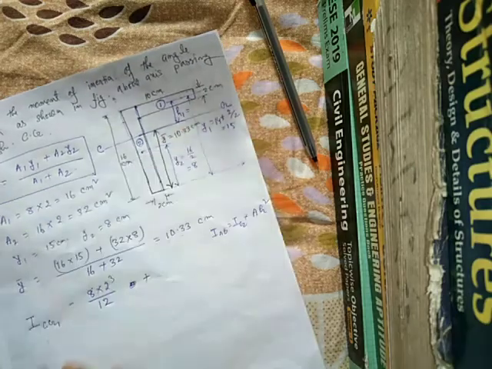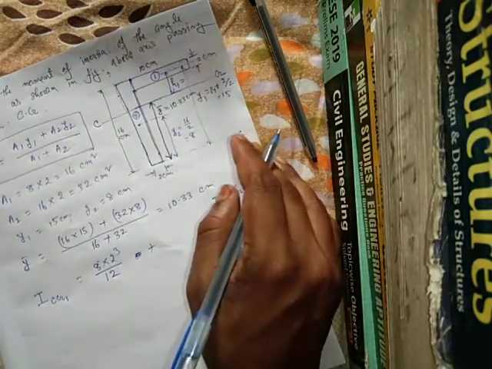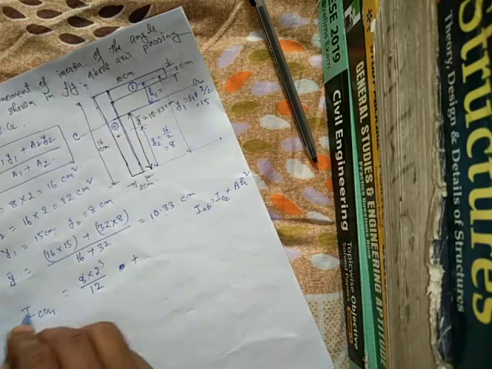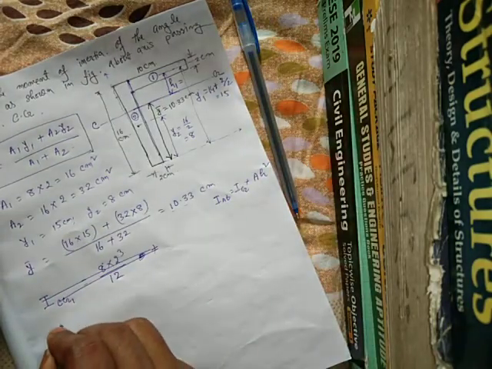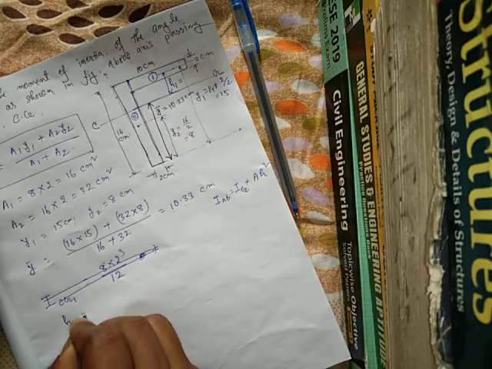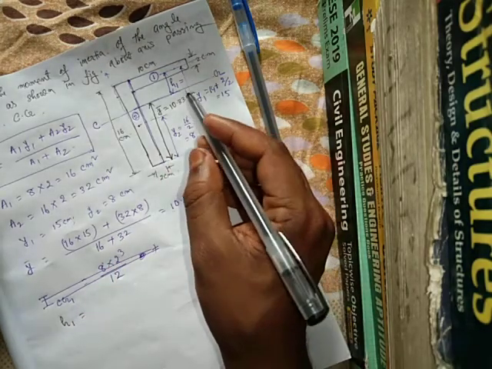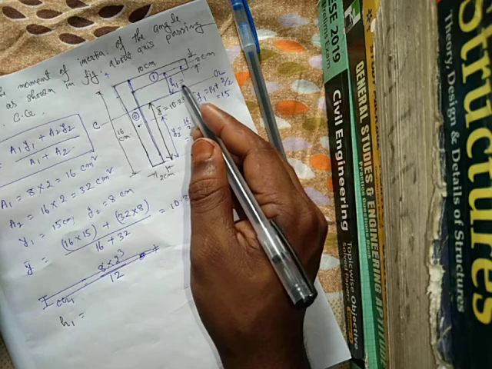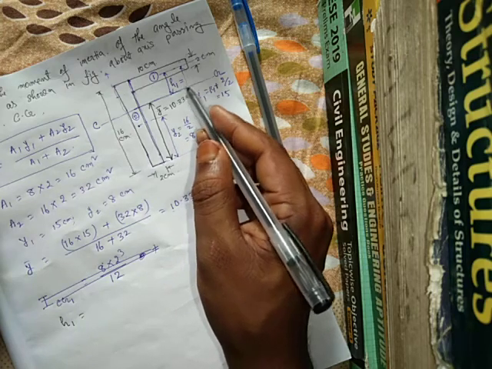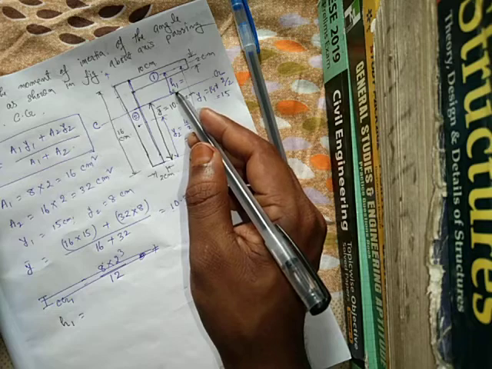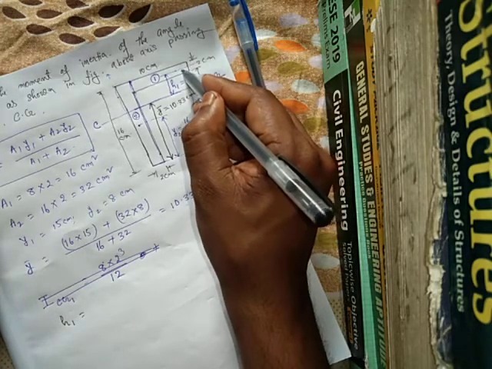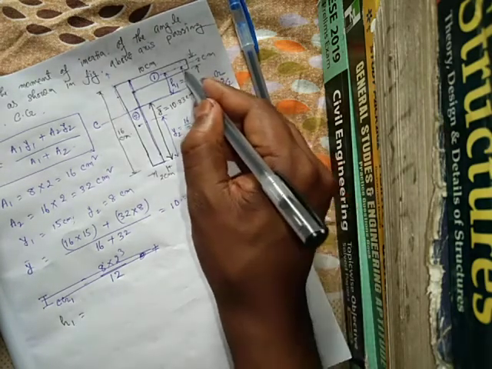H1 equals what? You can find H1 this way: from here to here is 15, which means y1.